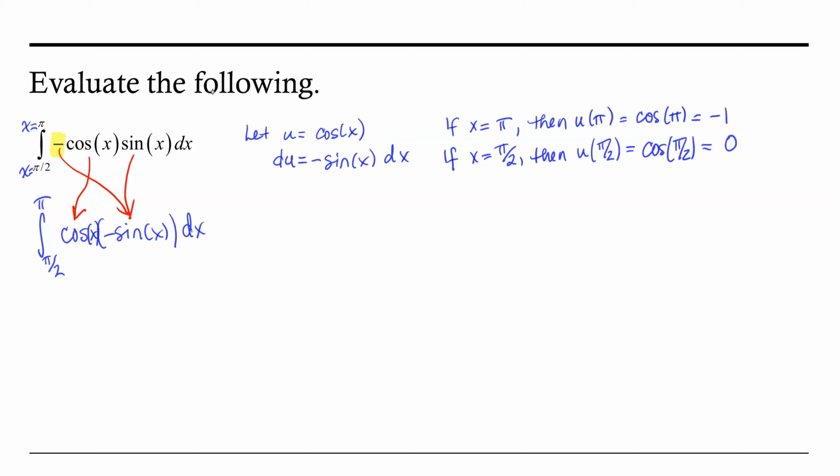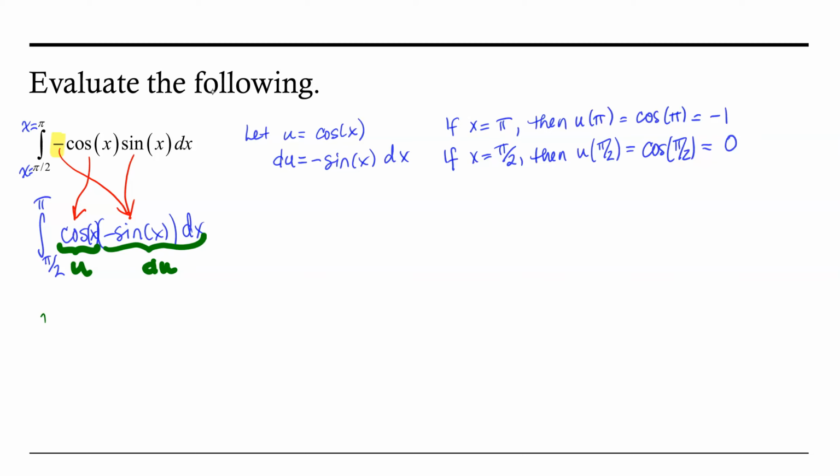So I'm writing it as cosine of x times negative sine of x. At this point, I can do my substitution. I'm going to replace cosine of x with u. I'm going to replace negative sine x dx with du.